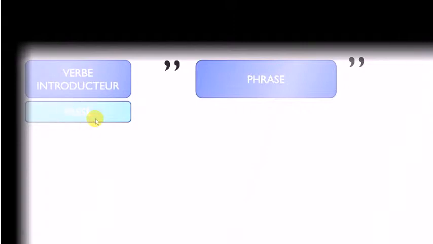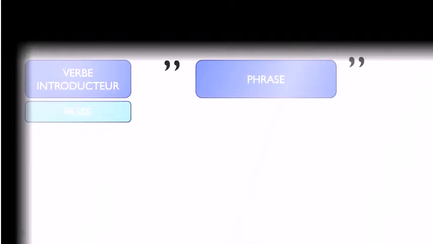Passé means past, and when I write past, well, basically it could be imparfait, passé composé, passé simple, all the past tenses that we saw so far. Well, if this first verb is at the past, then the rest of the sentence, or the rest of the structure here, will have to be modified if you want to put that at the discours indirect. And that's what we'll see in this video.